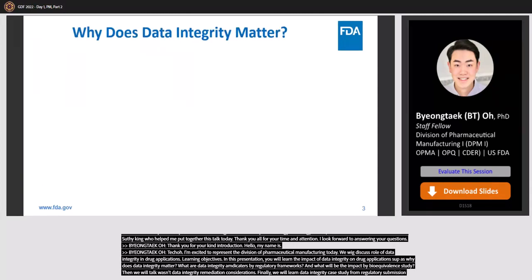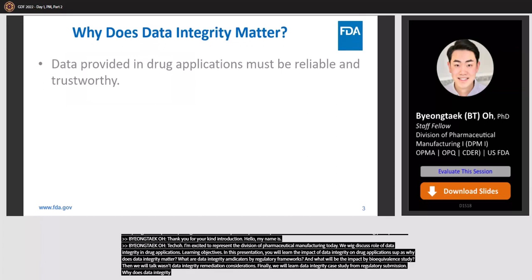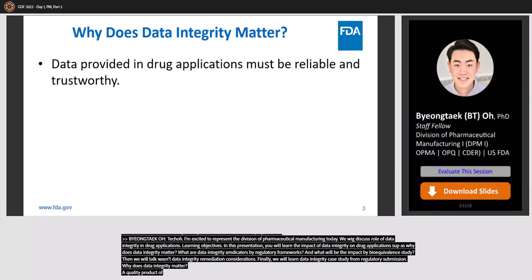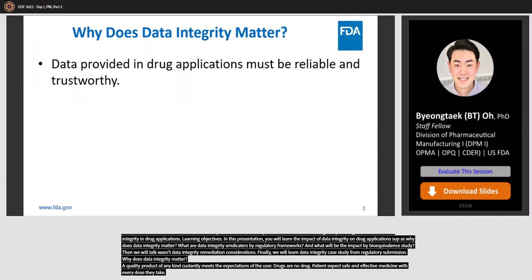Why does data integrity matter? A quality product of any kind consistently meets the expectations of the user. Drugs are no different. Patients expect safe and effective medicine with every dose they take. Ensuring data reliability is not only a GMP requirement, but also a key enabler of effective management decision-making.